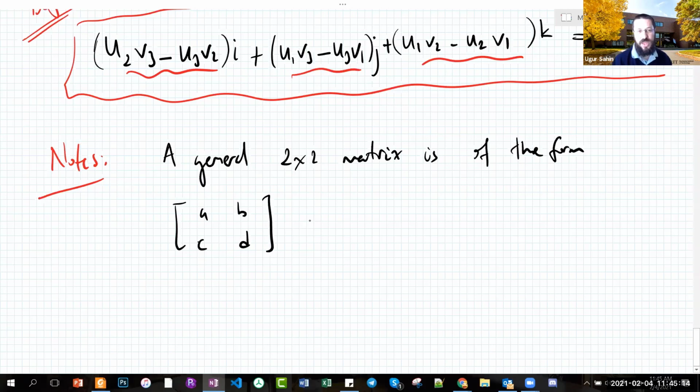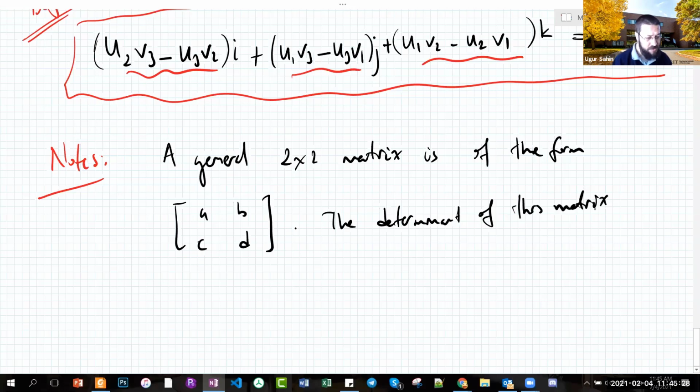We mostly use this determinant to simplify calculations. The determinant of this matrix is this, guys.